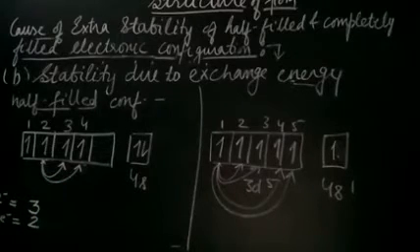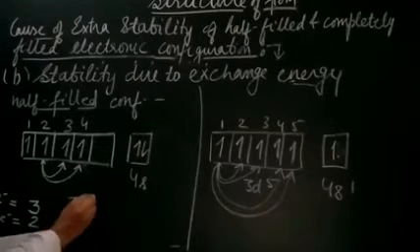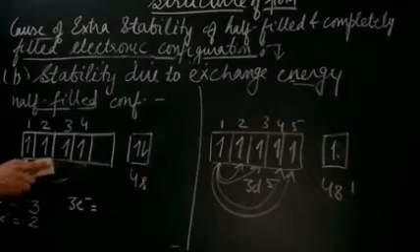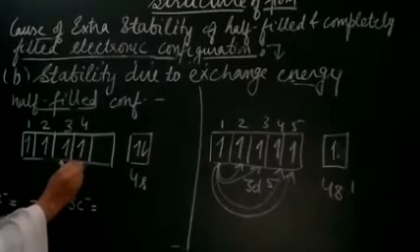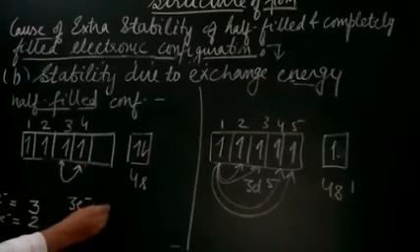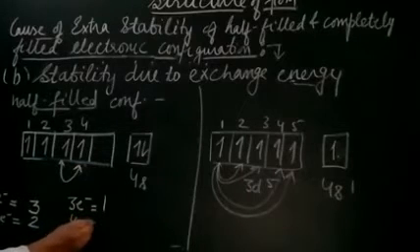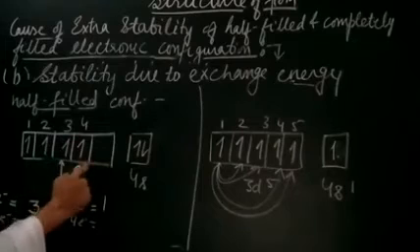And now for the third electron, it will be in this way: third to fourth, then there is no electron after that. So it is getting 1 exchange. And for the fourth electron, it doesn't have any other electron in front of it.